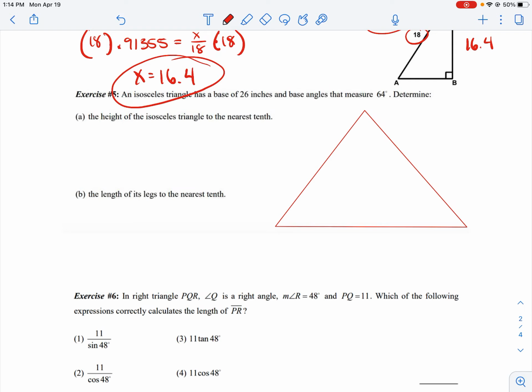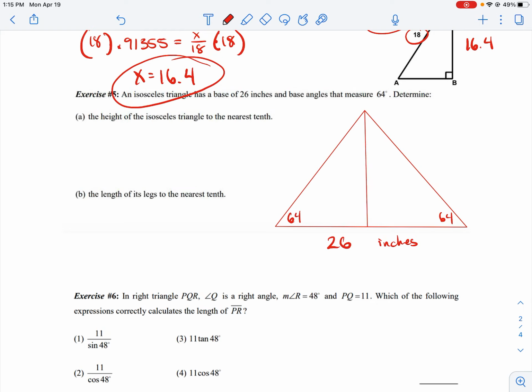So an isosceles triangle has a base of 26 inches and has base angles that measure 64 degrees, and we want to determine the height of this isosceles triangle.